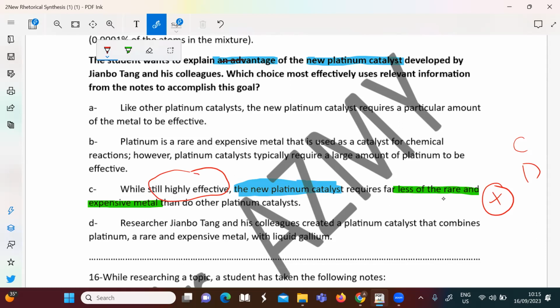Let's go to D. Look at the difference between C and D. Here he's talking mainly about the catalyst. Here he said both the researcher and the colleagues created what? A platinum catalyst.